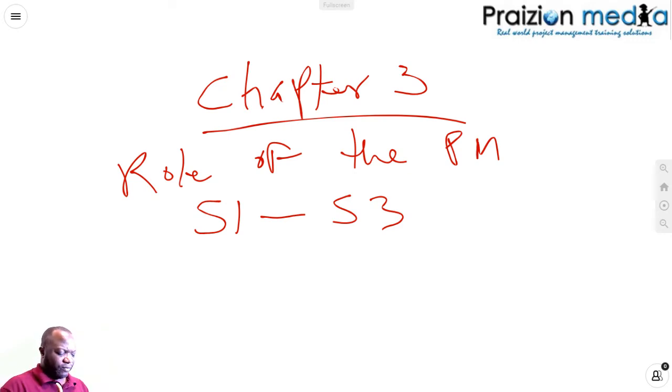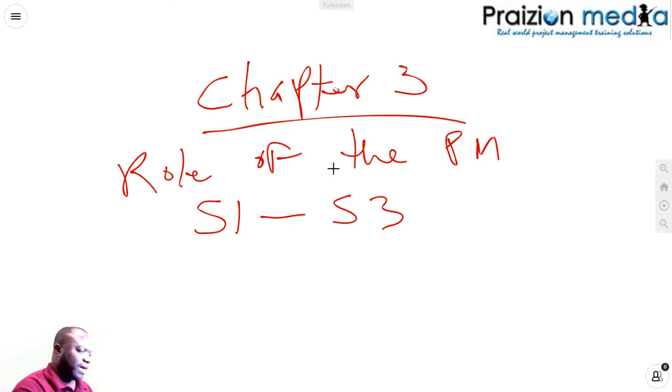This is like the first time the PMI is coming out to say the project manager is not just a gopher. You know, the project manager is someone who needs to be making an impact in their surroundings, in the firm, as far as other professional disciplines are concerned, and within the discipline of project management. So very clear, very strong. I like that. Then they go into project manager competencies on page 56.